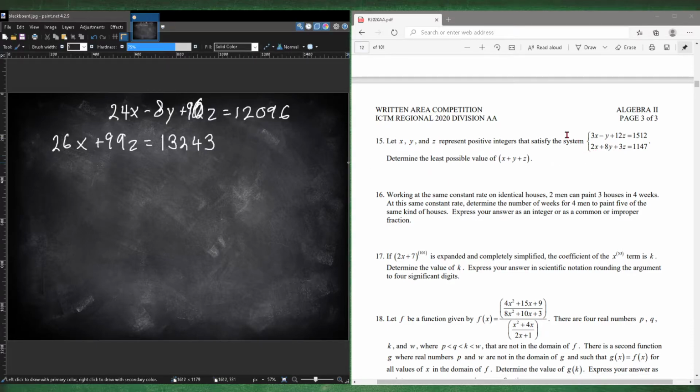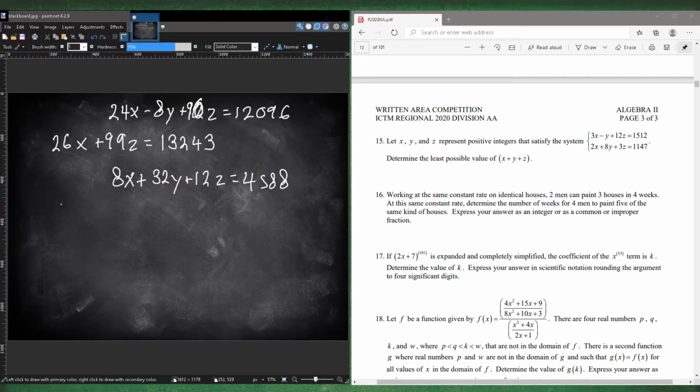Okay, and now we need to get our second equation. We're going to multiply our second equation by 4. That gives us 8x plus 32y plus 12z is equal to 1147 times 4, so that's 4588. We subtract the first equation from it.